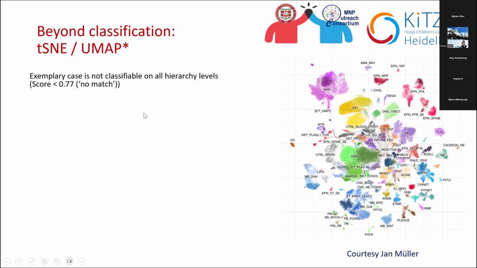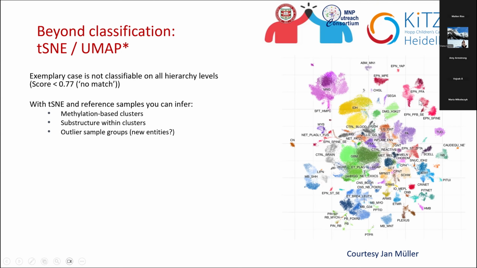For the cases which get a low score, less than 0.77, such as the cases that we discuss in these meetings, in addition to running the classifier, it's always beautiful to project them against this t-SNE plot. Because with the t-SNE plot and the reference samples, you can infer methylation-based clusters, substructure within clusters, and outlier sample groups, which might give a hint towards the identification of new entities.